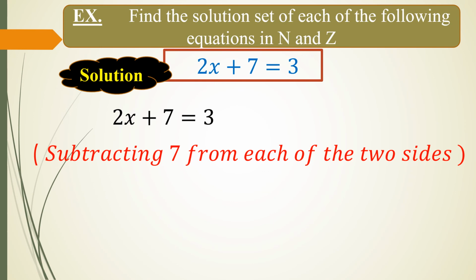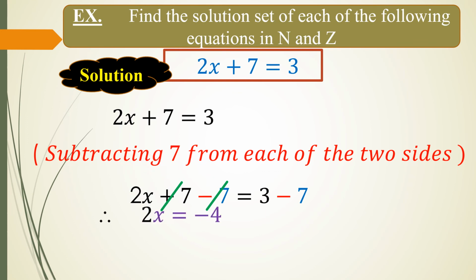So we will subtract 7 from each of the two sides. Okay? So 2x plus 7 minus 7 equals 3 minus 7. I will cancel plus 7 and minus 7. So the left hand side will be 2x and the right hand side will be negative 4. So 2x equals negative 4.